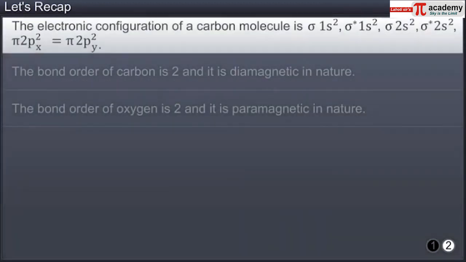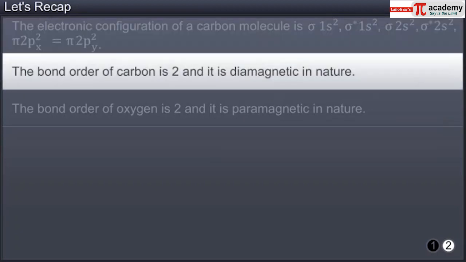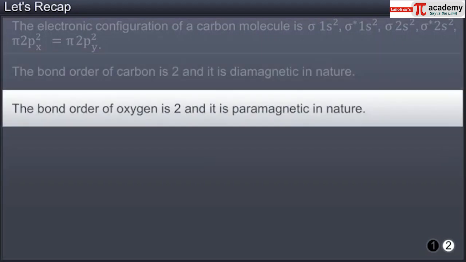The electronic configuration of a carbon molecule is sigma 1s2, sigma star 1s2, sigma 2s2, sigma star 2s2, pi 2px2 equals pi 2py2. The bond order of carbon is 2 and it is diamagnetic in nature. The bond order of oxygen is 2 and it is paramagnetic in nature.